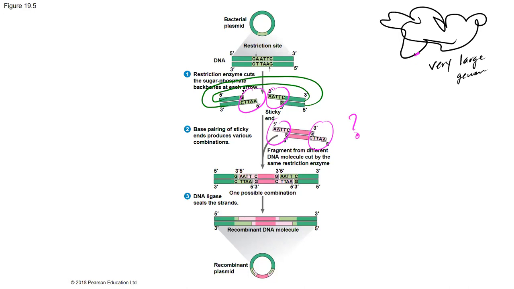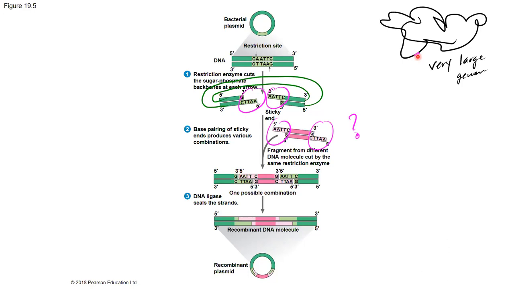You want to clone this target sequence. You cannot just cut this whole genome with the restriction enzyme, because you will get millions of fragments, and you never know, maybe your restriction enzyme will cut in the middle of your target sequence.